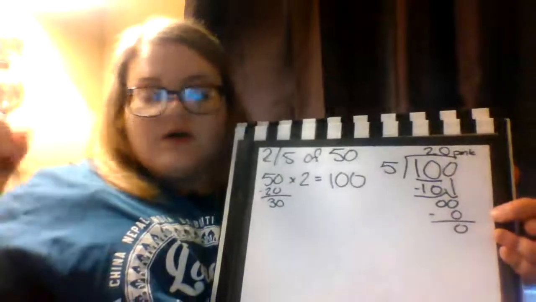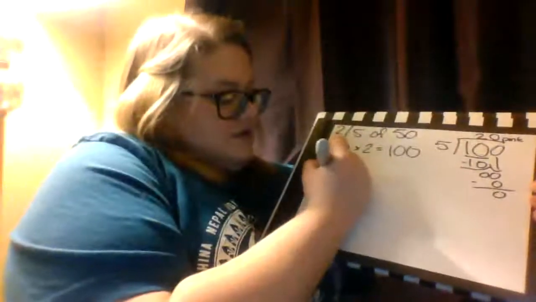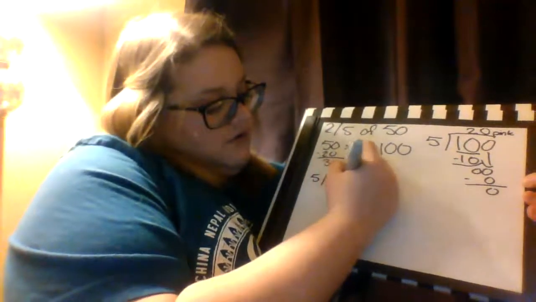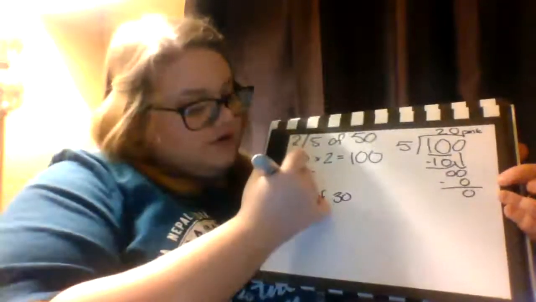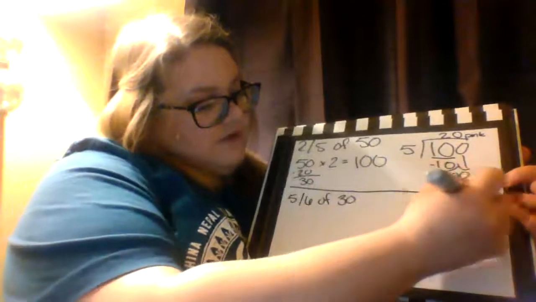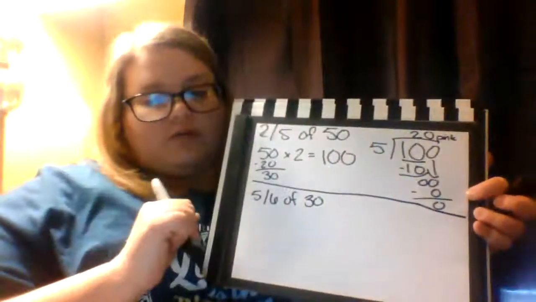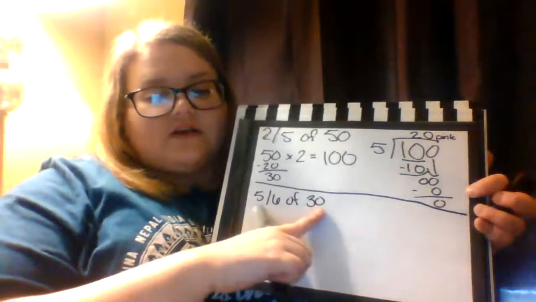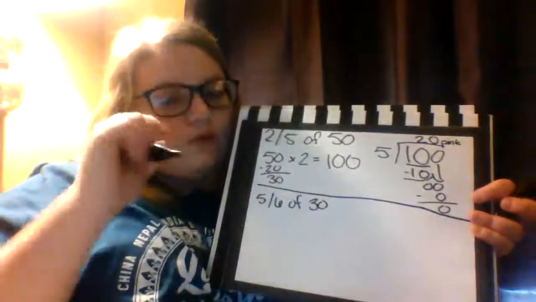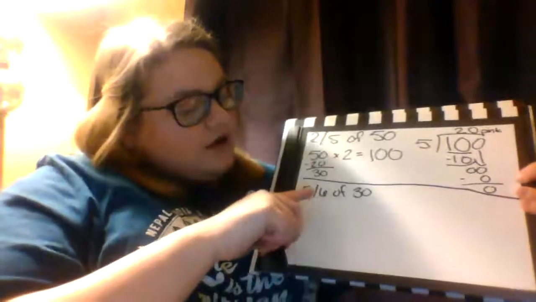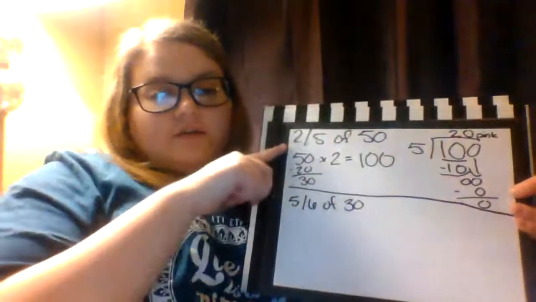So what we are actually finding now is 5/6 of 30. Okay, so we're to a new part of the problem. 5/6 of 30. I'm going to do the same thing I did up here.